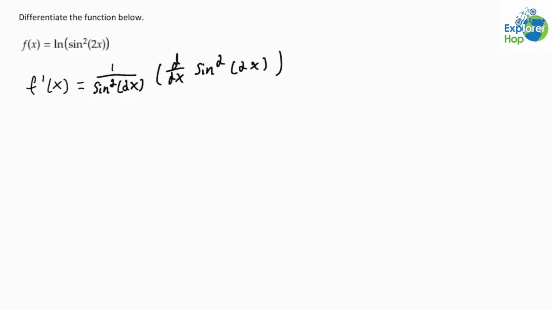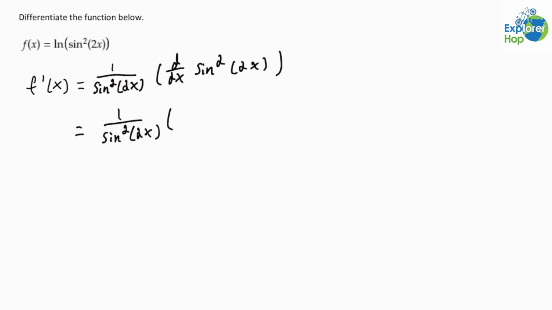And this is equal to 1 over sine squared 2x times the derivative of sine squared 2x with respect to x.